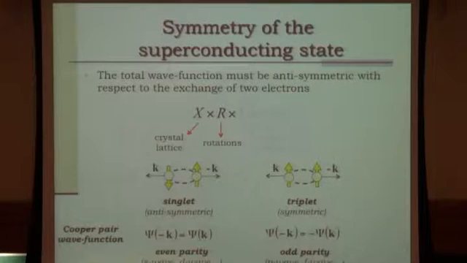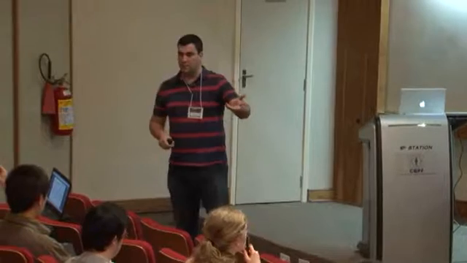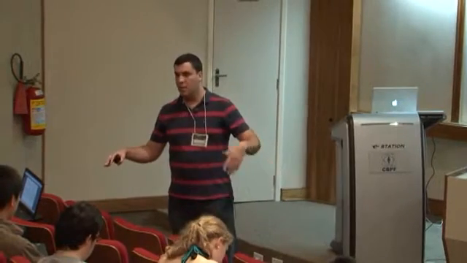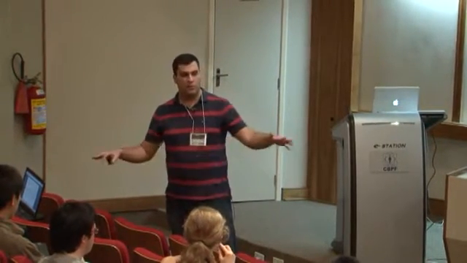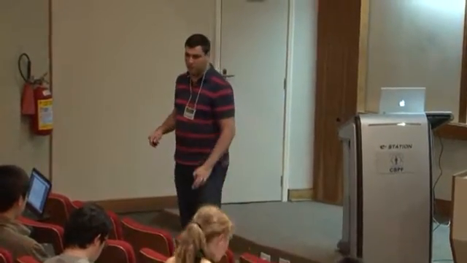So if you have a singlet, and I now want to know the pairing of the wave function with respect to the crystal momentum, I need to find combinations with even parity, such that the total wave function is antisymmetric. Even parity states, as you know very well, if I'm talking about the conserved angular momentum, I can have L equals 0, which is called S wave, L equals 2, which is called D wave, L equals 4, that's called G wave, and so on.